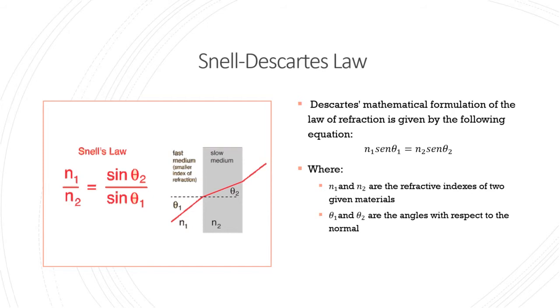And here we can also see the relation between the refractive indexes, which is equal to the ratio of the sin of one angle over the other. Another interesting fact here is that the faster the medium is, the smaller the index of refraction gets.